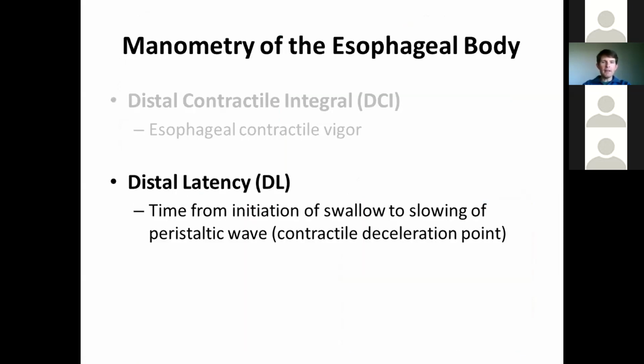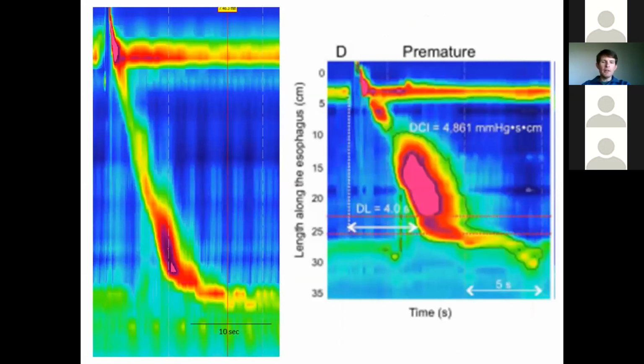The second concept to understand from the esophageal body is this concept of distal latency. This is the time that it takes from the initiation of a swallow to a slowing point in the peristaltic wave, or what we call a contractile deceleration point. To show you what that looks like, in a normal peristaltic swallow on the left side of the screen, you see there are actually two different phases of the swallow.